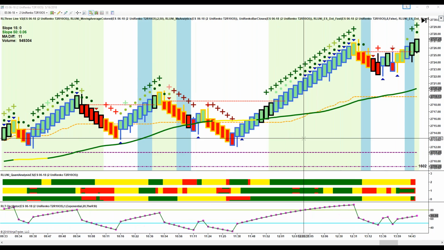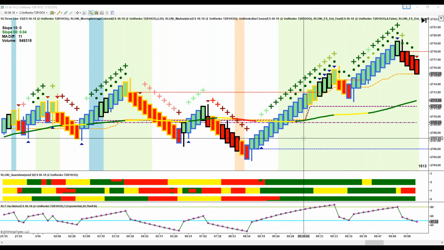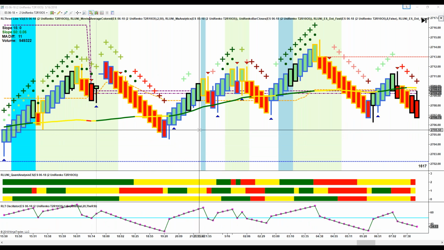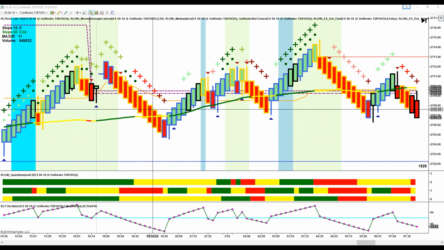Let me show you. See, here's a move up with no dots. Here's a move down with green dots on the slow, red on the fast.